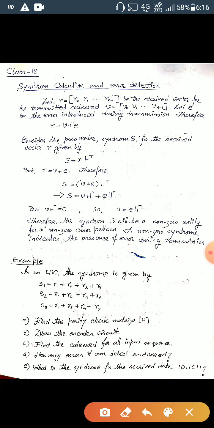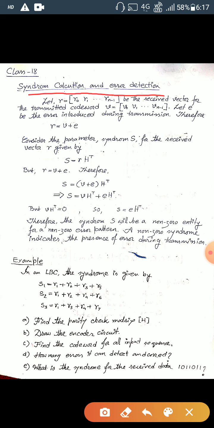Today we discuss syndrome calculation and error detection. Lastly, there is a question we just passed through: if at the receiver side the received signal is introduced with an error, how can the receiver recognize that an error is introduced and at which position the error has occurred?